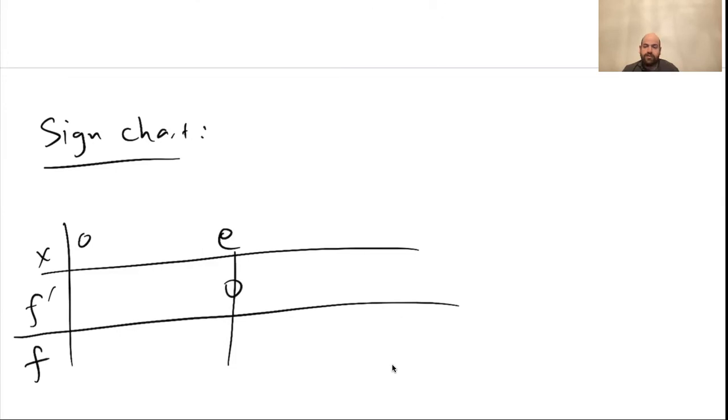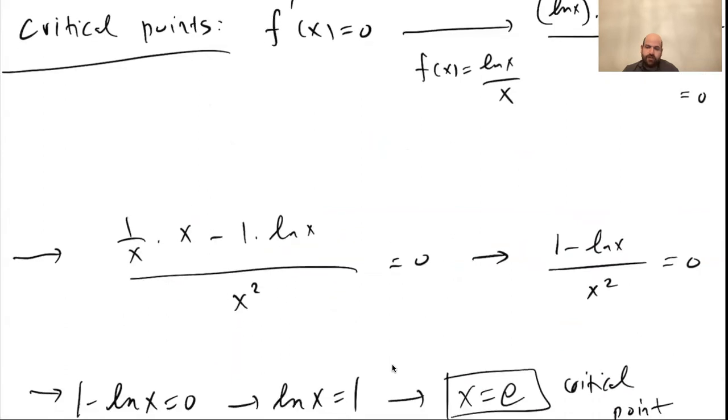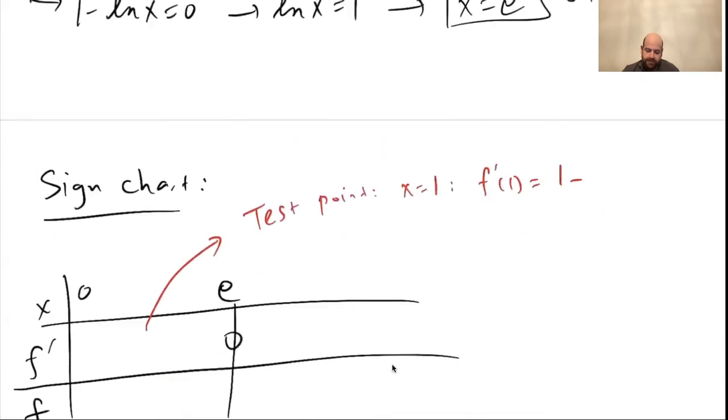And then before e, let's use a test point. I could use, for example, x equals 1. E is 2.7 something, right? Then f prime of 1 will be, what was f prime of x? 1 minus ln x divided by x squared.